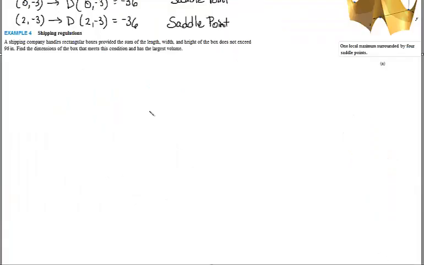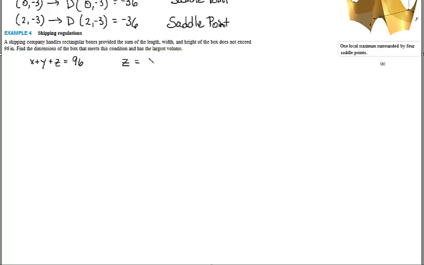For our next problem, we are to find the dimensions of a box that has the largest volume. I do know that x plus y plus z has got to be 96 or below, so I'm going to rewrite this so that I can just have 2 variables here.